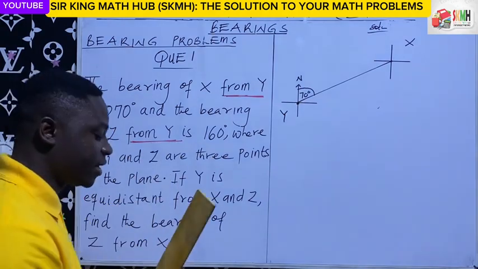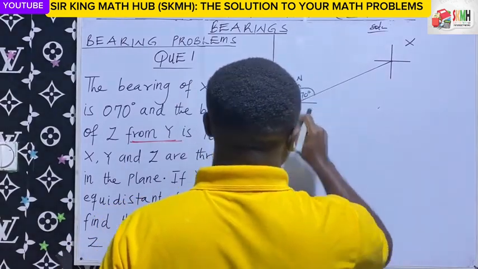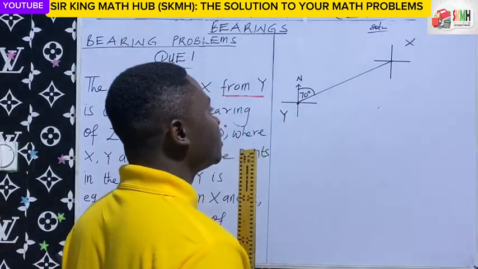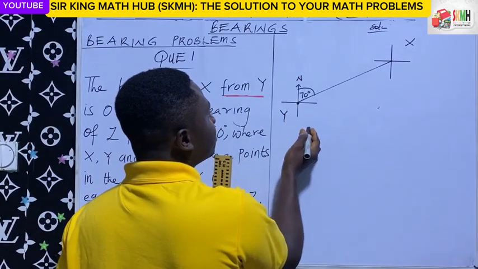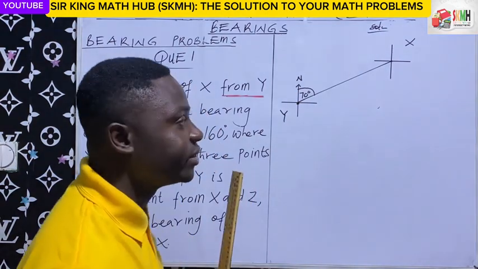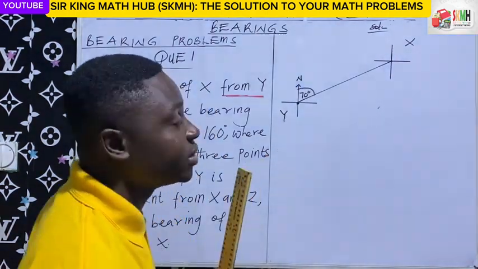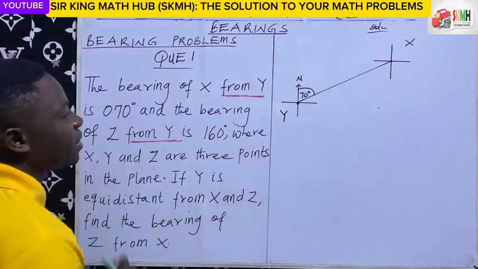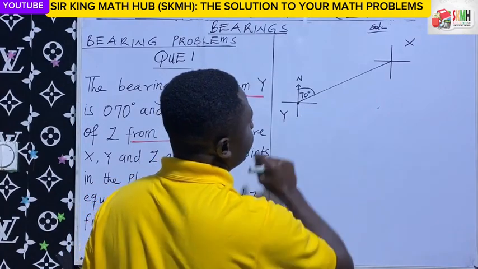From the same y, how do we measure 160 degrees? Starting from the geographical north, moving in the clockwise direction. From the north to the east, the whole angle measures 90 degrees, and from north to south, that will be 180 degrees. But we are looking for 160 degrees, meaning that 160 degrees will be in this quadrant.